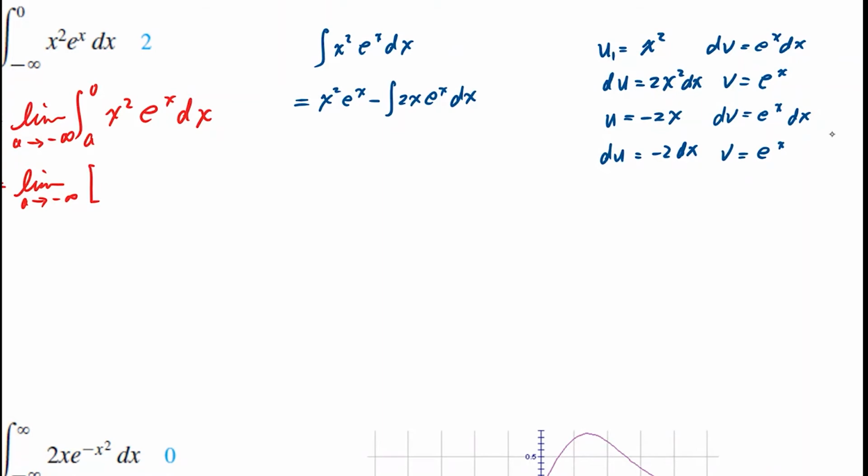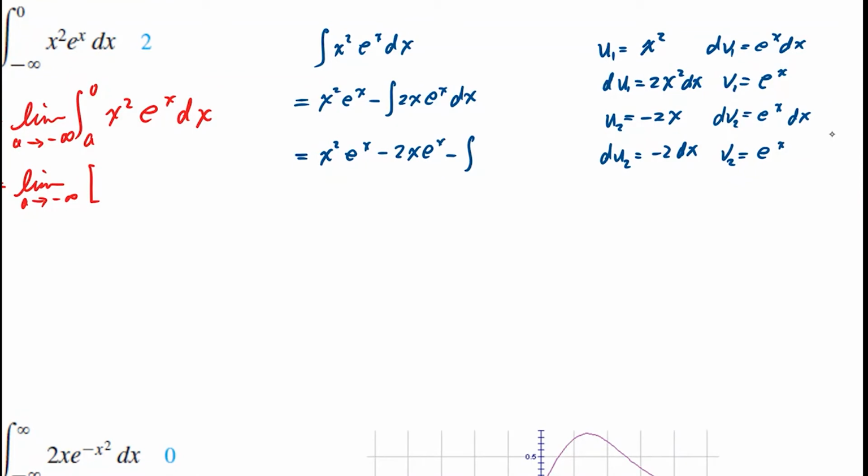Now, before I forget, 1, 1, 1, 1, 2, 2, 2, 2 to make it perfect. So my integral of x squared e to the x, now uv, so the negative sign is baked in already, so negative 2x e to the x, and then minus the integral of these two.